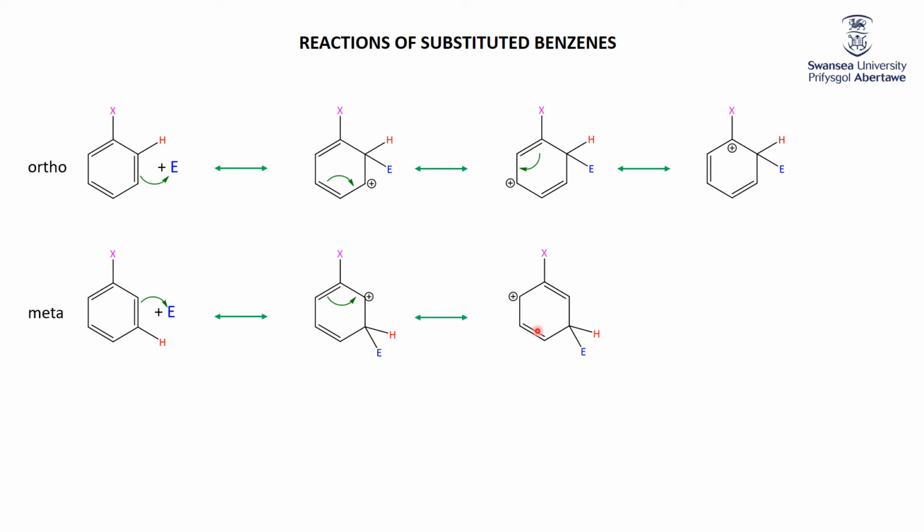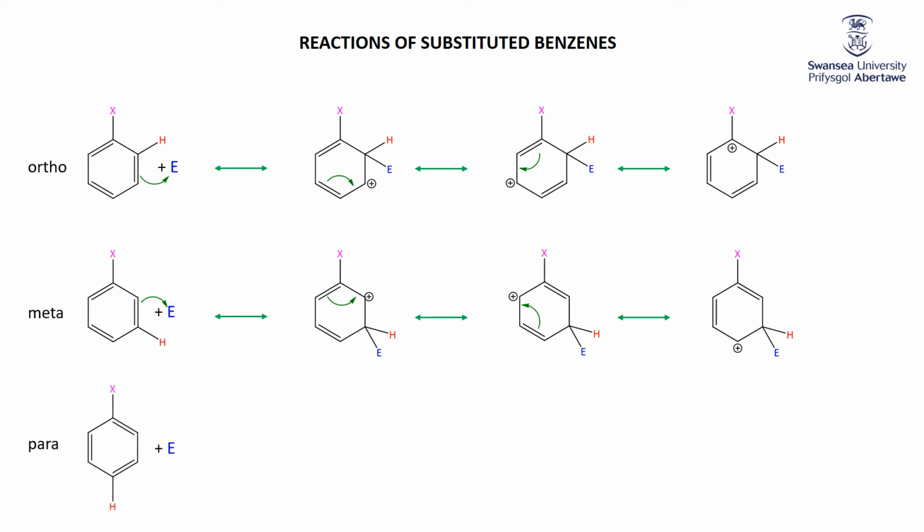Or I can move electrons from this double bond up to there, so now that positive moves from carbon 6 to carbon 4. So meta attack puts the positive charge on carbons 2, 4, 6 relative to the substituent. Ortho puts the positive charge on carbons 3, 5, and 1.